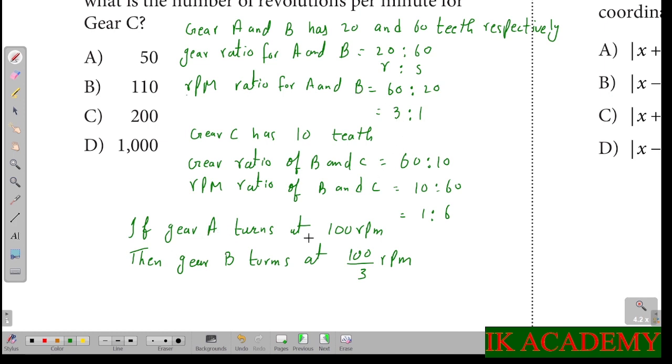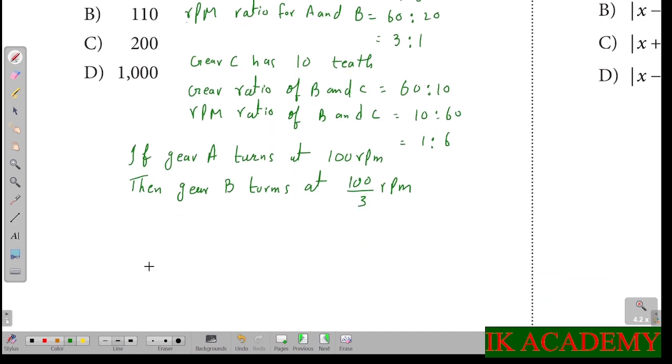If we have the RPM of B, we can find the RPM of C by connecting them with each other.